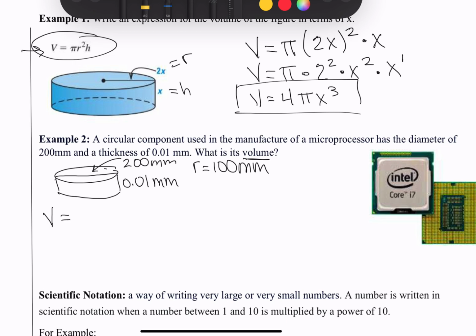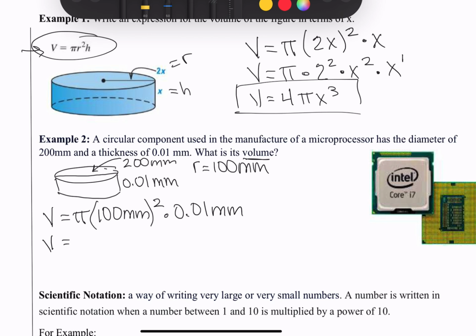So we'll use volume equals pi. Now my radius is 100 millimeters, and I'm squaring that. And then I'm multiplying that by my height, which is 1/100 of a millimeter. Okay, so let's start with the fact that I have 100 millimeters squared. Whether or not you realize this, in fact, it is a product.